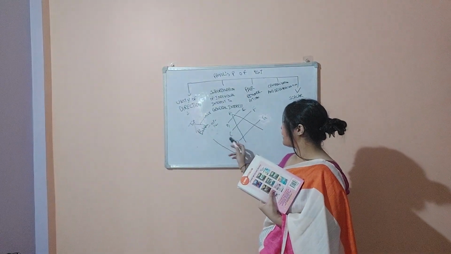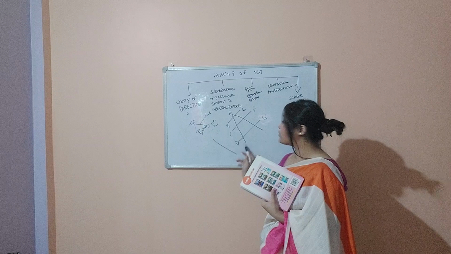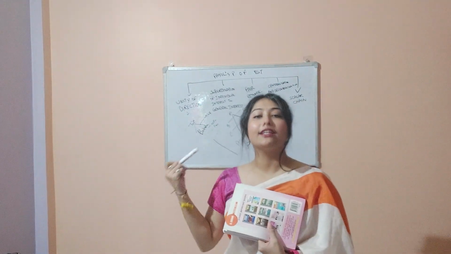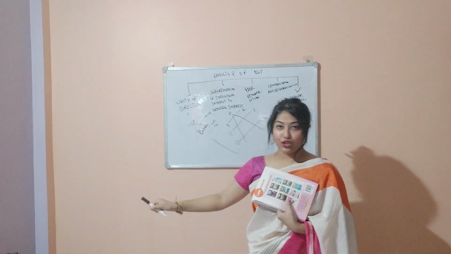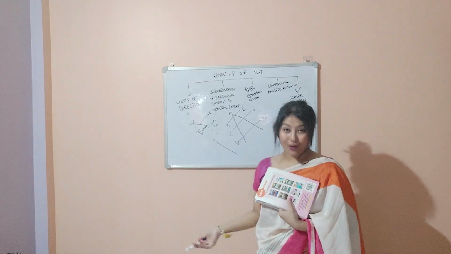B, middle management, provides it to C, which is also middle management, and then to D, the lower level management, who will do the functioning and operational work.